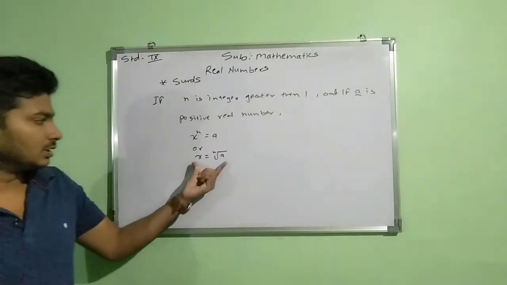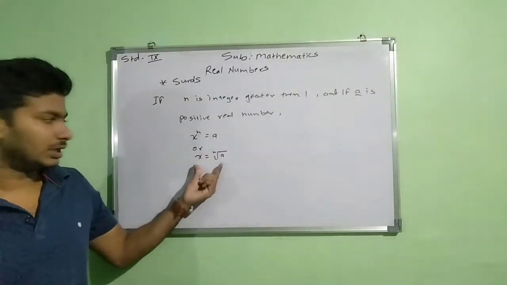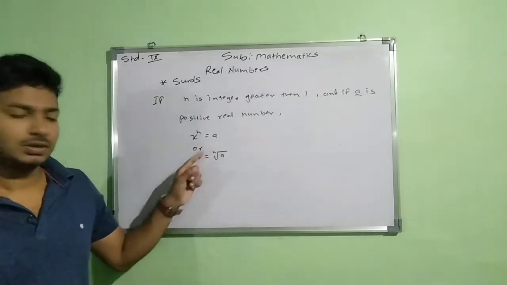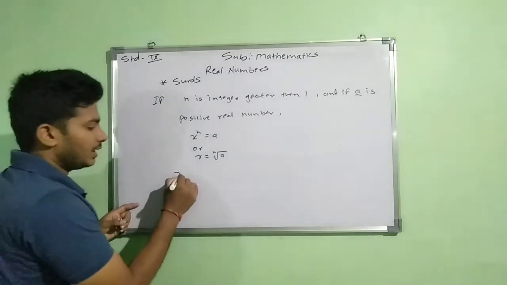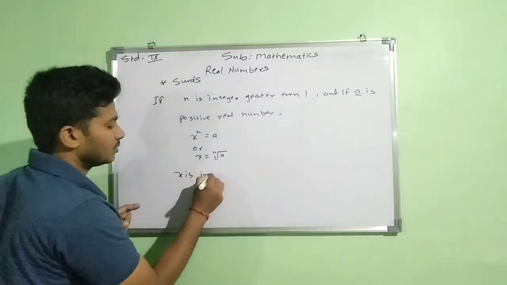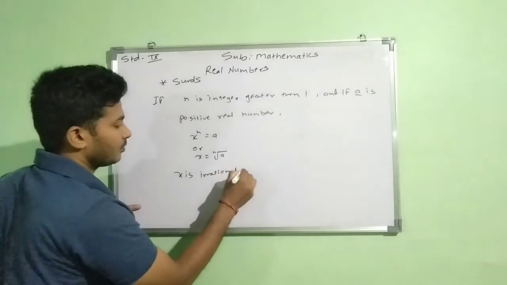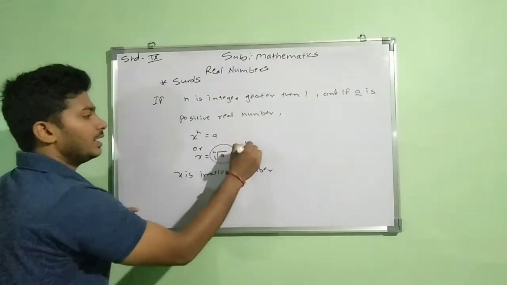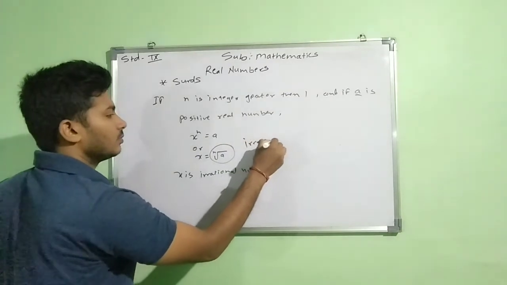If you get this equation, that means x is equal to the nth root of a, and if that x is an irrational number, that means this value is irrational.